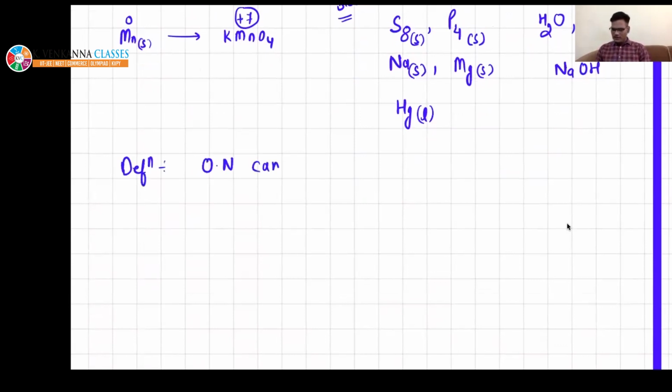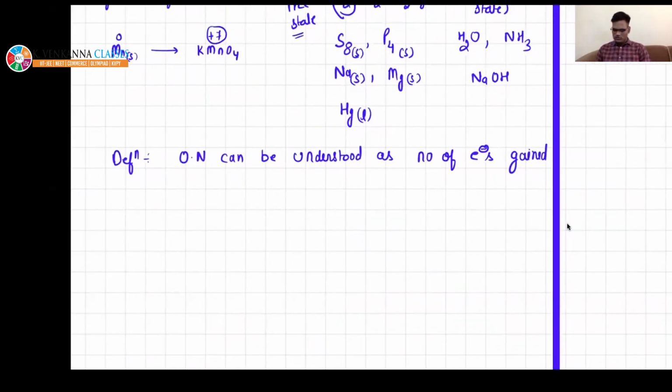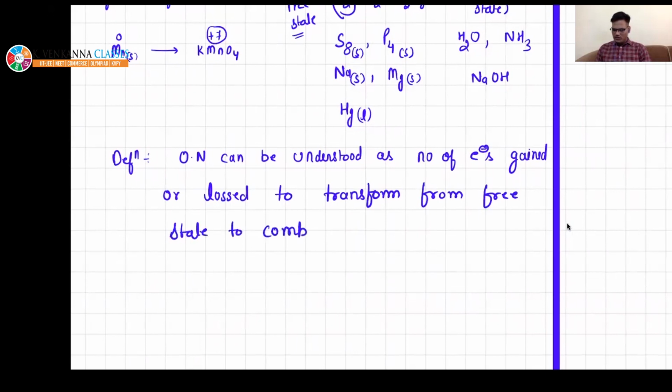Oxidation number can be understood as the number of electrons gained or lost to transform from the free state to the combined state for a given element.